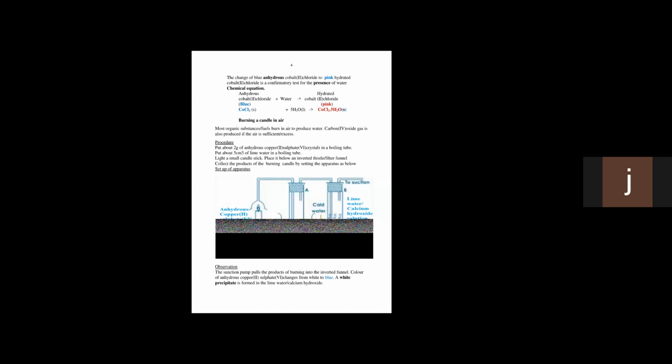So in a candle, we have two elements present, hydrogen and carbon. Hydrogen will combine with oxygen to form water, while carbon combines with oxygen to form carbon dioxide, and through that we have formed water.